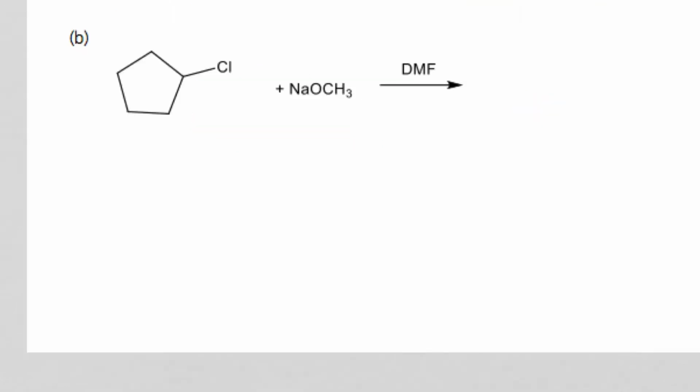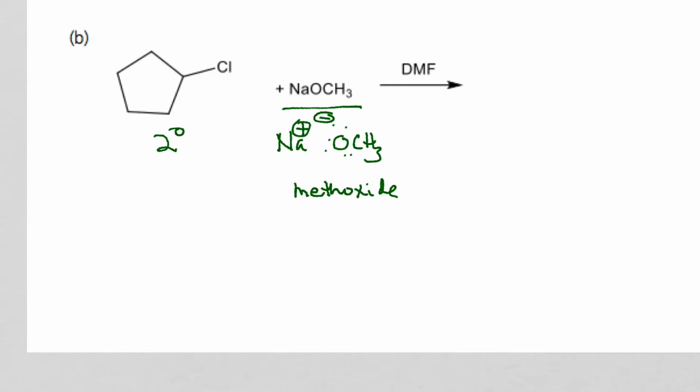Okay, let's look at B, and the first thing we want to do, as I said, is identify. We see that the substrate is a secondary alkyl halide, which opens up all the possibilities in the world. If we look at our nucleophile, it's the same nucleophile as in part A, which is methoxide.